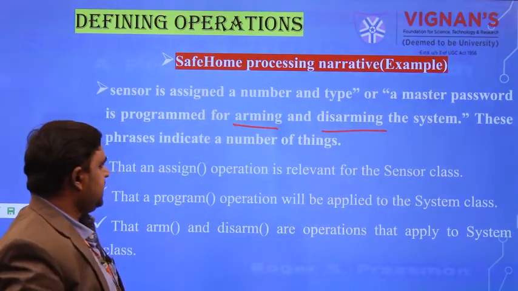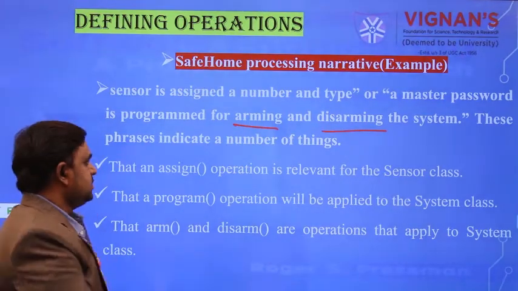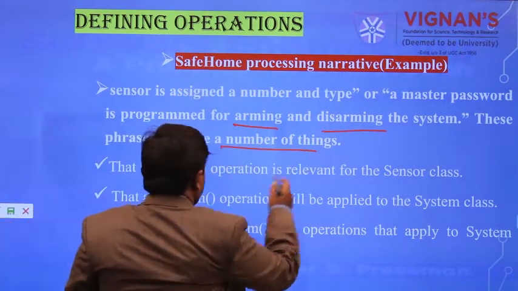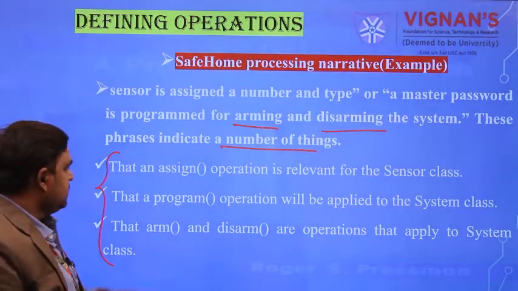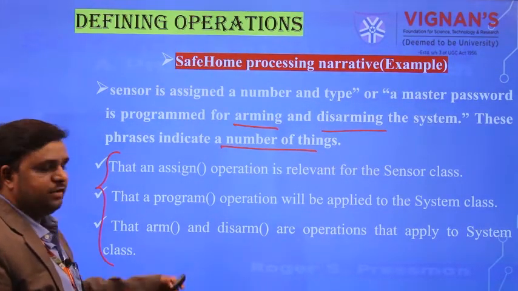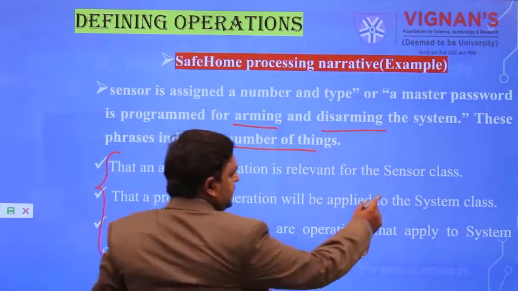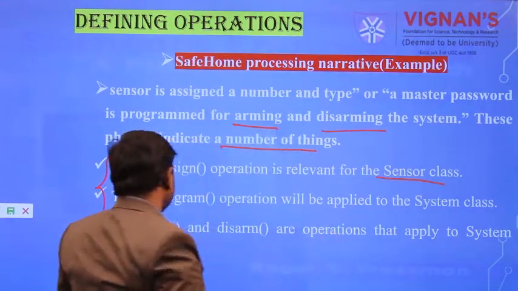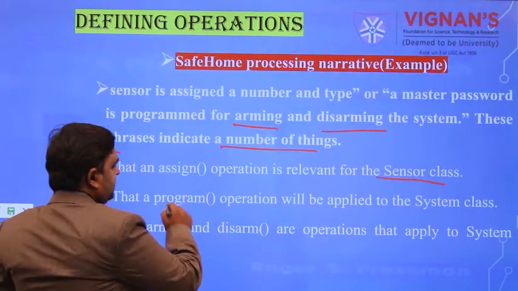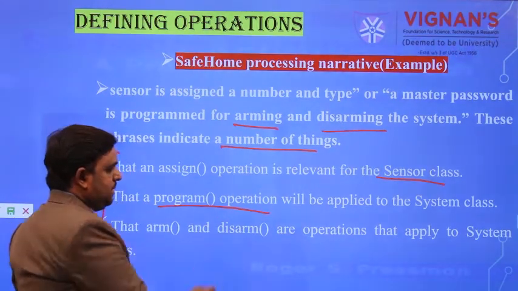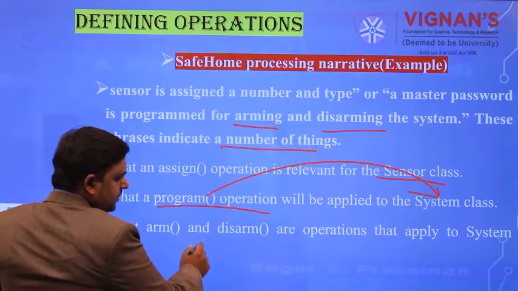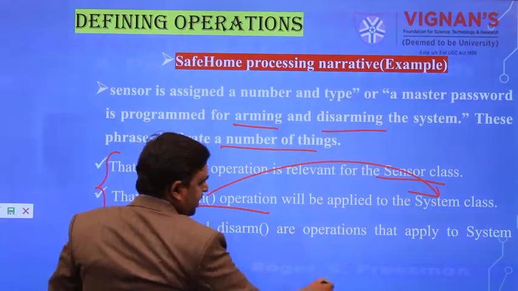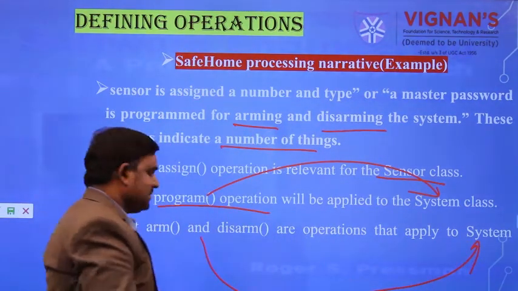These phrases indicate a number of things. The first one is the assign operation, which is going to be relevant for the sensor class. The next one is the program operation, which will be applied to the system class. And the last one, the activating and deactivating operation, is related to the system class.